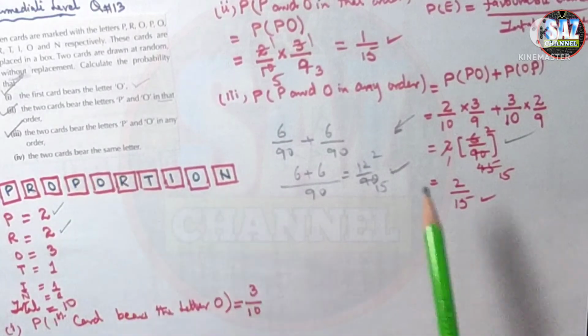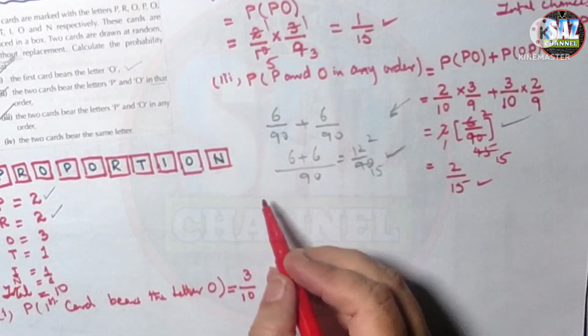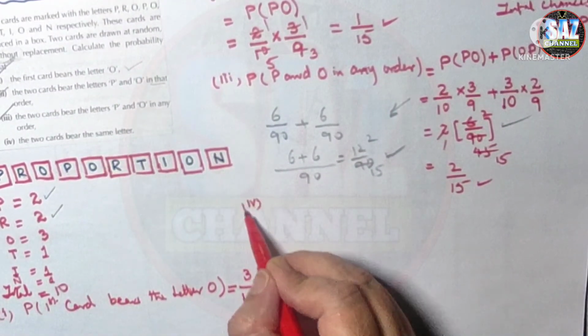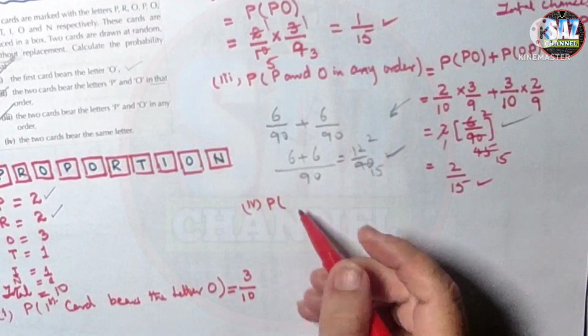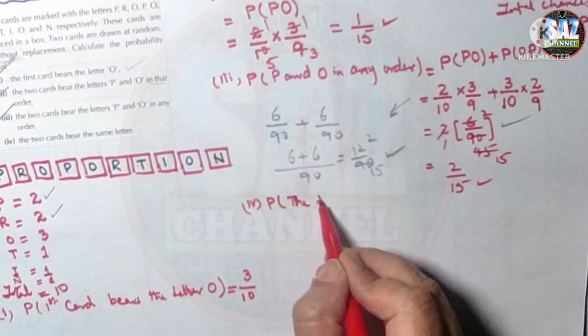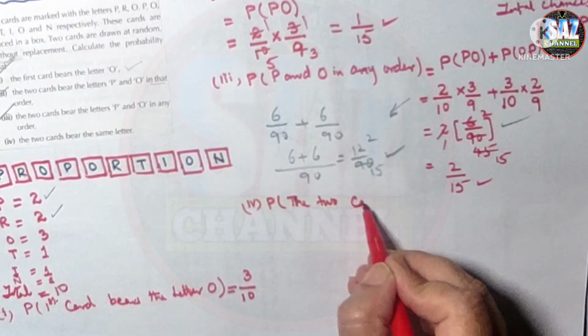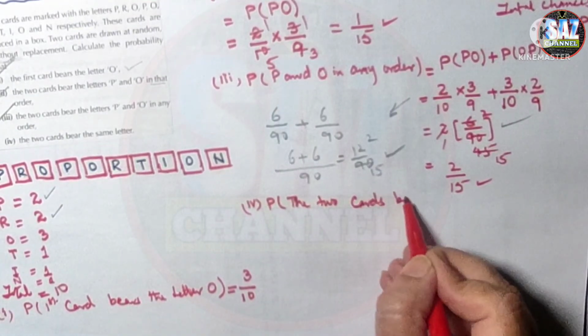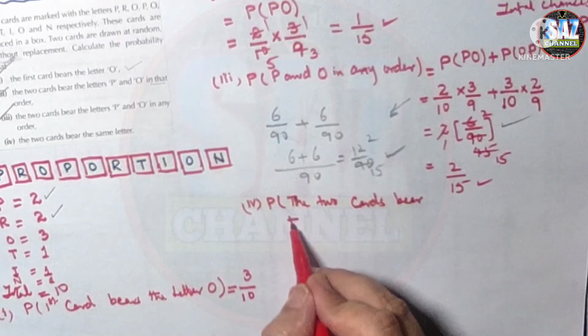The two cards bear the same letter. Fourth part is the two cards bear the same letter.